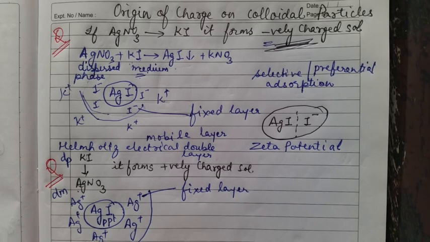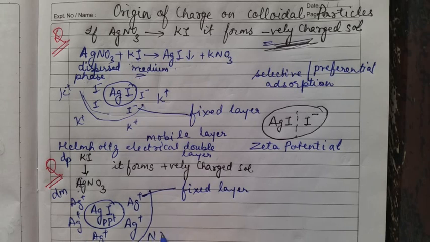The next thing is the medium, and this is the precipitate, right? So you have added here, you will have the nitrate ions.